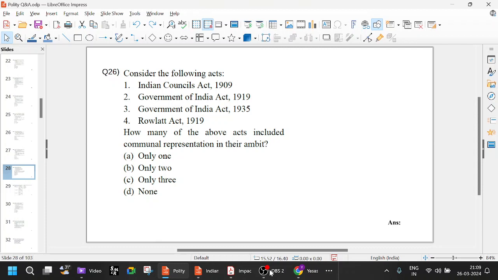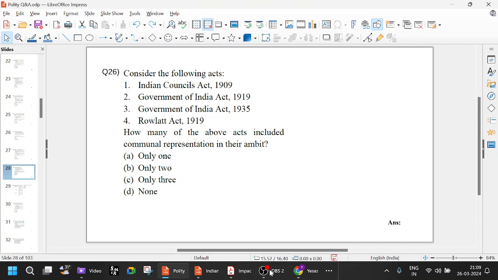So there was a lot of friction between the British government and the Indians, so they were taking all these steps in order to control the Indians, especially any kind of revolutionary activity, any kind of resistance from the Indian freedom fighters.